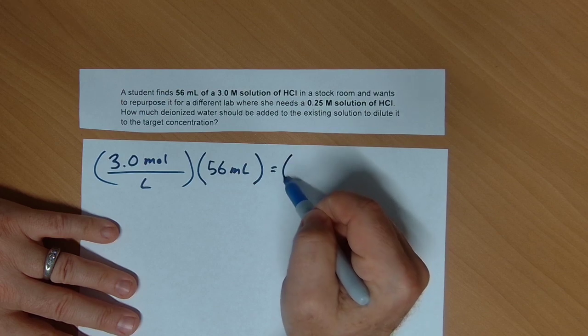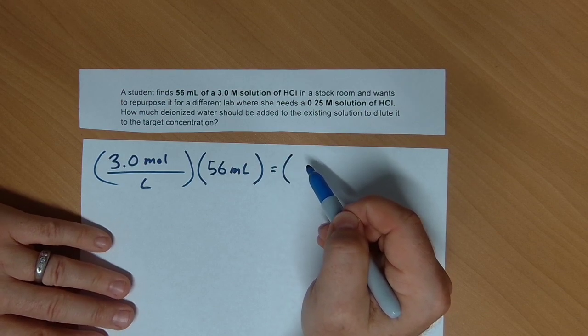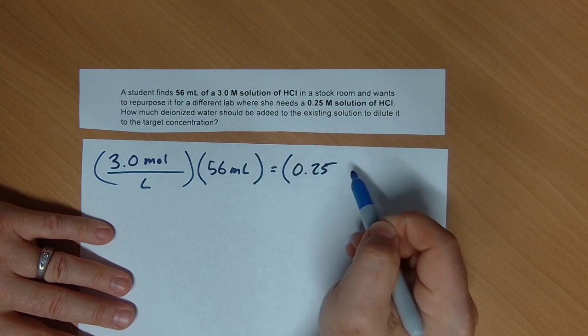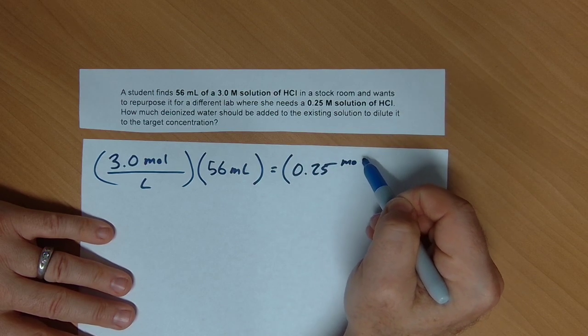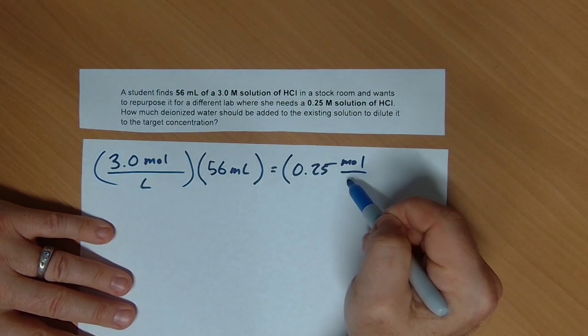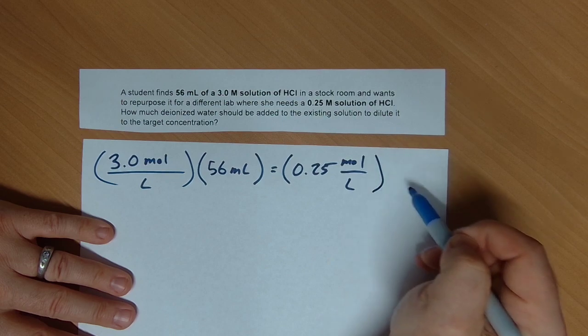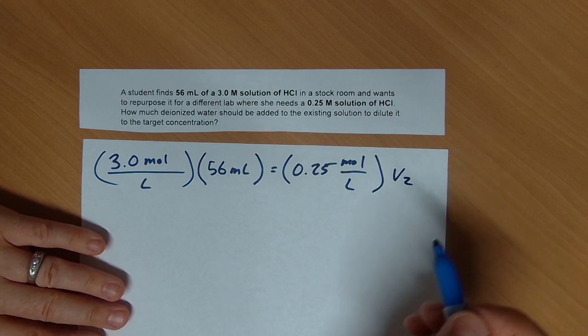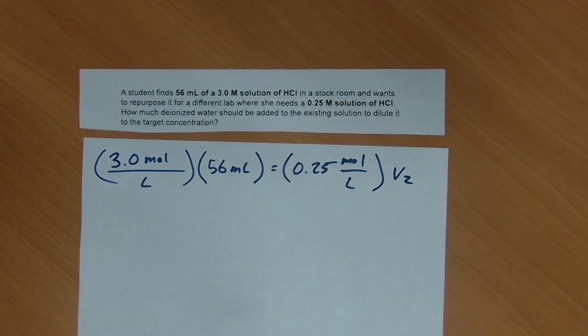Over here, my M2 is going to be the smaller concentration. I am choosing to write out the word molar. Capital M would have been fine for molar, but I'm writing it out here just to show something. V2 is going to be my unknown in this particular problem.